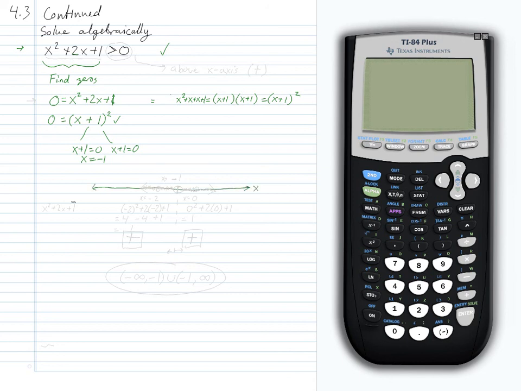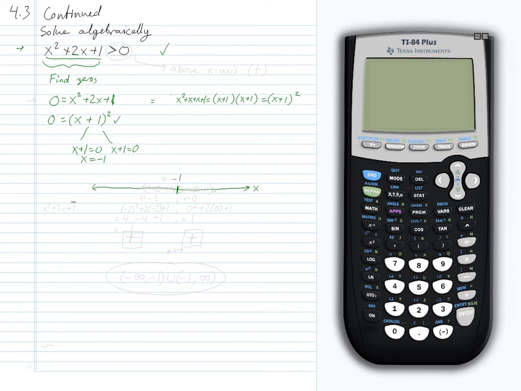And if you remember, when we solved this graphically, our only x-intercept was located at -1. Remember, it was the vertex of this parabola. So that's the only x value for which this left-hand side is 0.